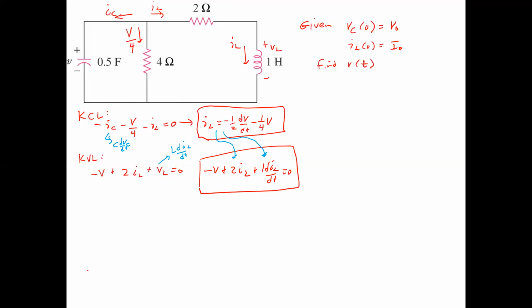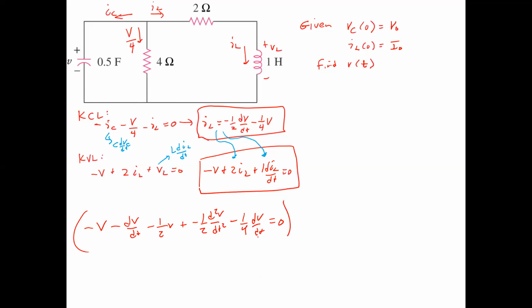And so putting all that together, again, you're going to get minus V, minus, and then you're going to plug in the 2IL. So that's going to be, since it's a minus 1/2 dV dt, it's going to be minus dV dt minus 1/2 V plus minus 1/2 d squared V dt squared minus 1/4 dV dt equals 0.